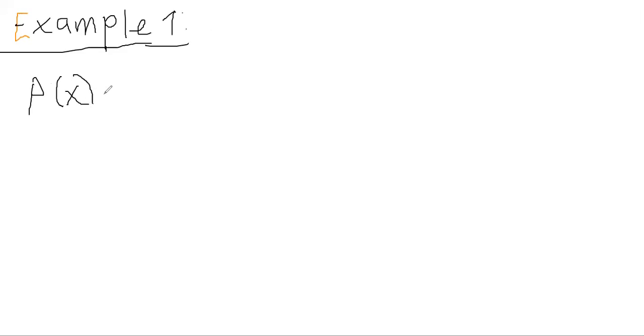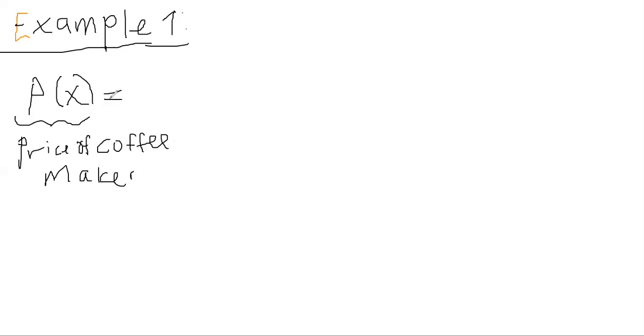This P of x represents not the profit function, but the price of coffee maker. The price of coffee maker is estimated maybe by an econometrician. So it's a machine. We started this example, but we couldn't finish it last class, so we are continuing with it.